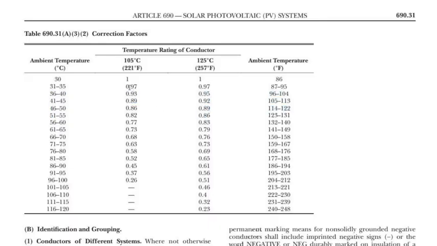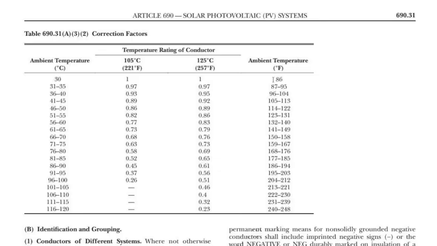It starts with 0.97 for both first ones, and then it works its way down, and the correction factor here starts to get smaller, because as the temperature gets hotter, and that's what's happening as we go from 86 Fahrenheit, for example, to 248 Fahrenheit, the temperatures are obviously getting hotter.